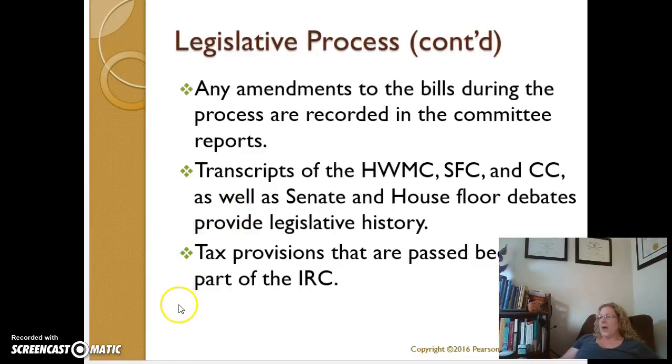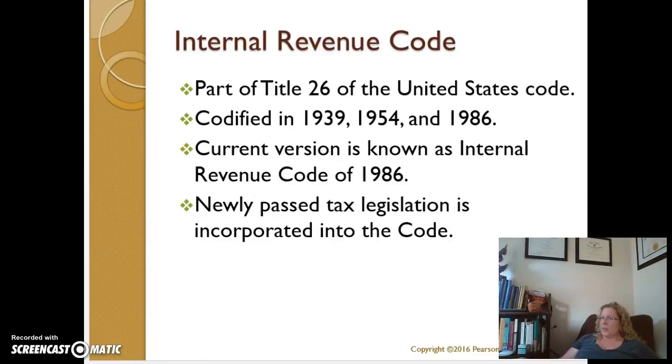Tax provisions that are passed become part of the Internal Revenue Code, part of Title 26 of the United States Code. This was codified in 1939, 1954, and 1986. The current version is known as Internal Revenue Code 1996. Newly passed tax legislation is incorporated into the code.